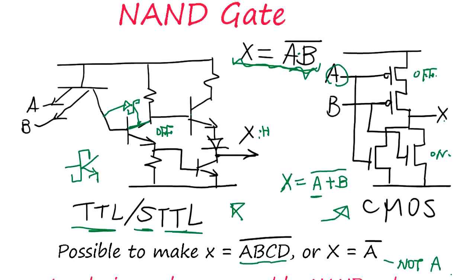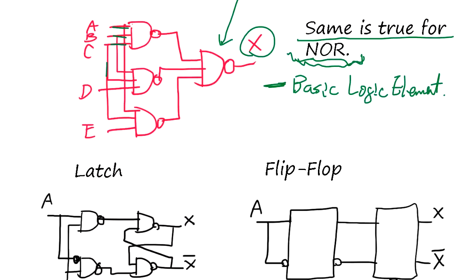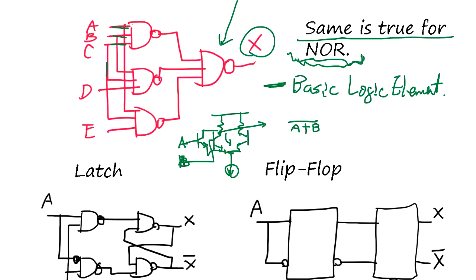For example, if it's ECL, we have emitter coupled, and you put another transistor here, then this becomes the gate. And this one, if one of them is high, then current flows this side, and this output will be low. So it's going to be NOR.